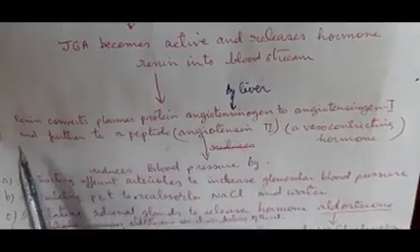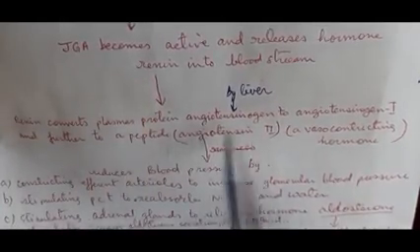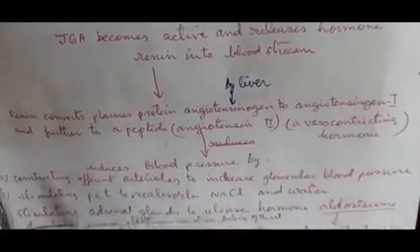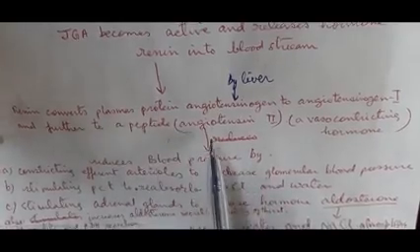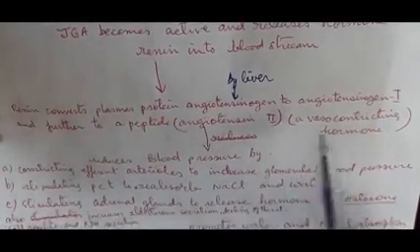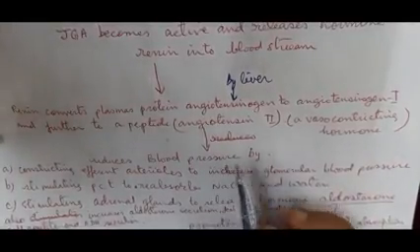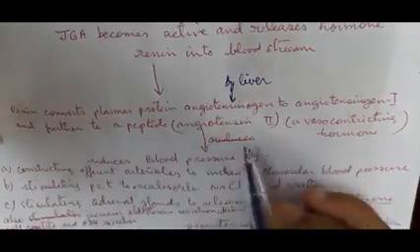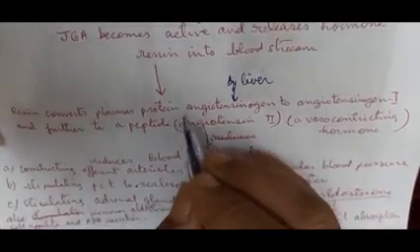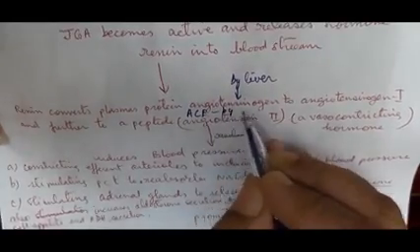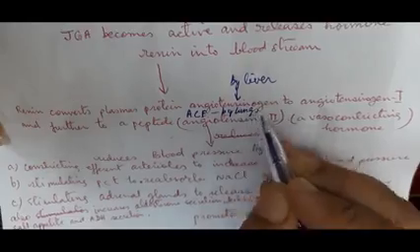So this is present in the plasma and renin converts this angiotensinogen to angiotensin 1 and further to a peptide, angiotensin 2. This is a vasoconstricting hormone and this is converted in the presence of ACE enzyme, which is produced by lungs.